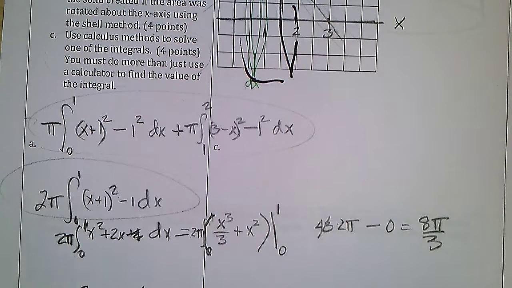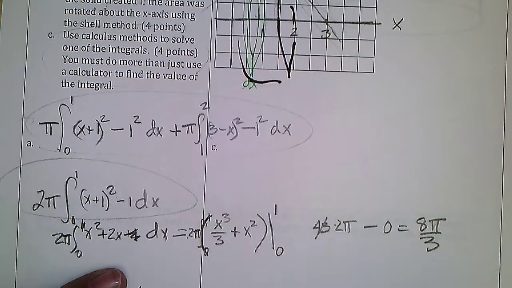Evaluated from 1 to 2, so we're going to put in the 2, and that would give us 8. Oh, wait a minute. Put in the 2, I get 8. And this would be 8 times 2, 16/3, minus 16/3, minus, now we put in the 1, and I'd get 2 minus 2/3.